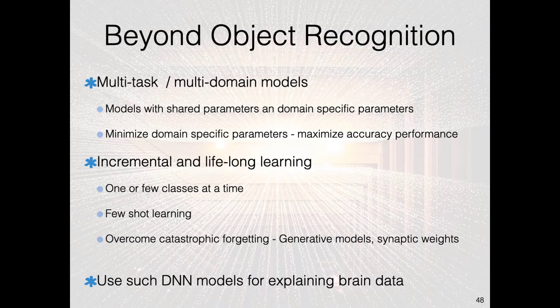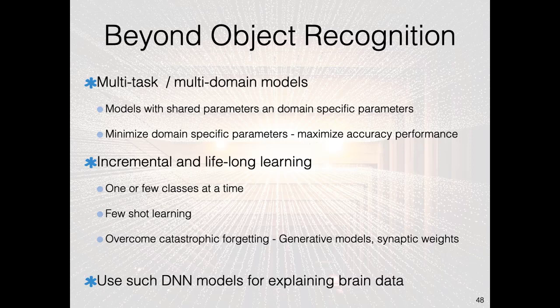So to sum up, what I want to say is that I'm interested in going beyond object recognition or object classification. I have talked about multitask models, not multi-domain, but multitask. So one of the next steps is also to have multimodality, not only multi-domain, as we had presented here.